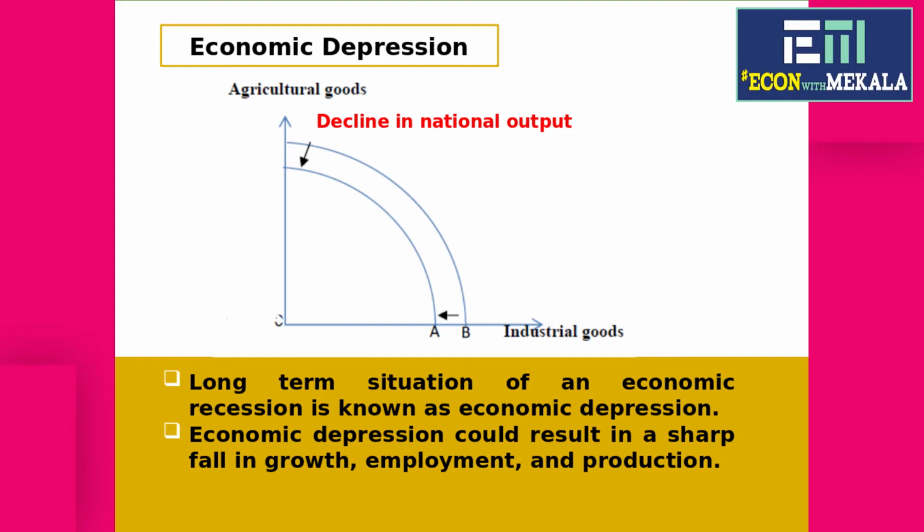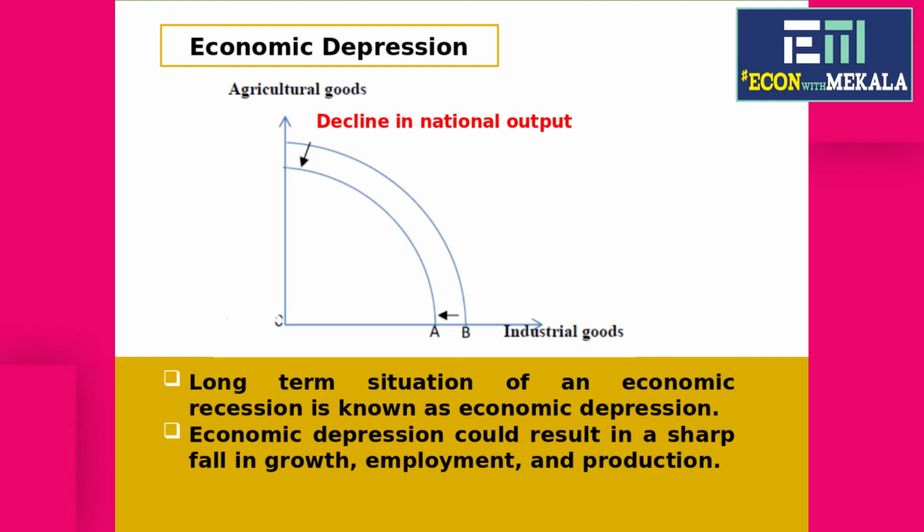If you look at our PPF, we know the total or efficient production of the economy is represented on our PPF. So if there is a sharp fall in economic growth, that means production declines and employment declines, which means our PPF itself shifts inward. If you look at the original PPF represented by B, it has shifted inward due to economic depression.